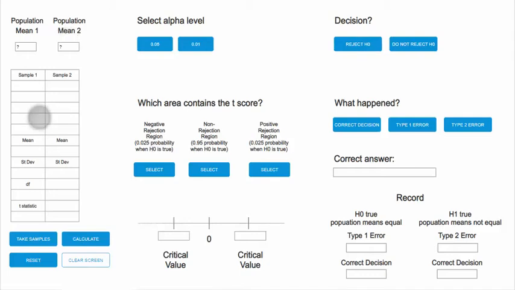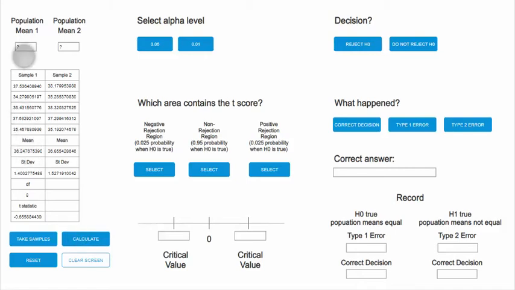So what you do is you click on Take Samples and you get your data. Here we have the ages of 5 people from population 1 and the ages of 5 people from population 2. And if you click on Calculate, it's going to calculate your sample statistics. So here we have the mean age of the 5 people in sample 1 from population 1, and the mean of the 5 people in sample 2, which comes from population 2.